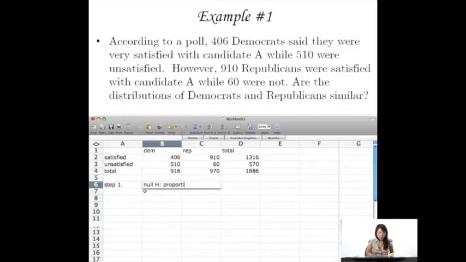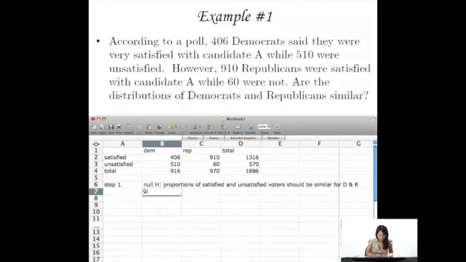So the proportions of category 1 and 2, satisfied and unsatisfied voters, should be similar for Democrats and Republicans. So the alternative hypothesis is that at least one of those proportions will be different between Democrats and Republicans.